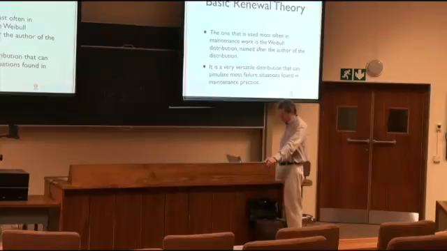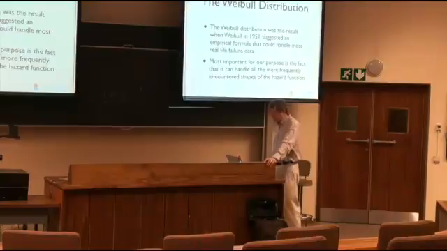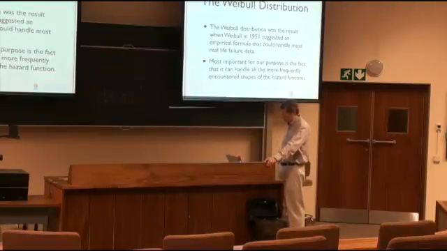It is a very versatile distribution that can simulate most failure situations found in maintenance practice. The Weibull distribution was the result when Weibull in 1951 suggested an empirical formula that could handle most real-life failure data. So it was an empirical formula.